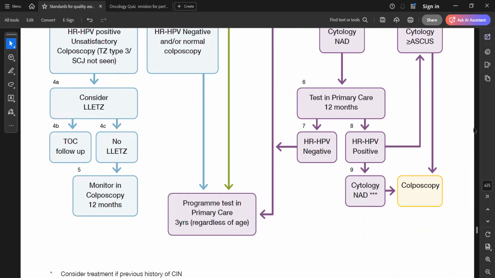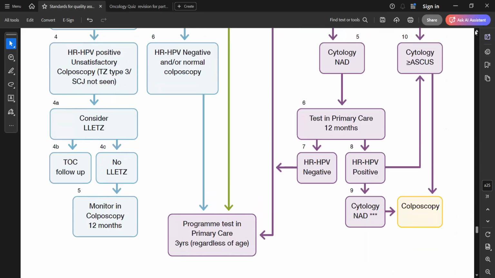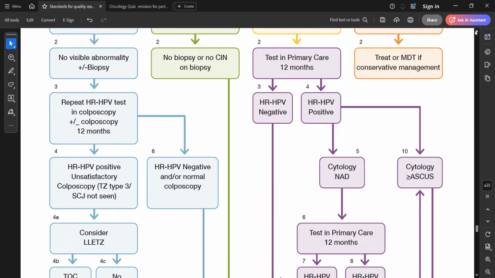Who should be offered another testing? By testing, we mean HPV and cytology in 1 year. Those who have ASCUS. Why? Because those patients have changes in their cytology and you are not yet sure if this is because of the HPV or another reason.